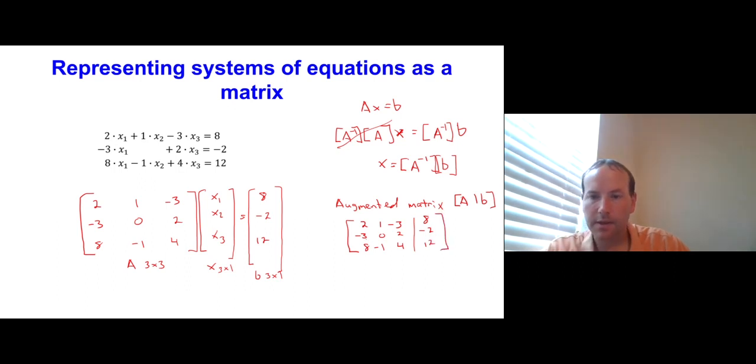Basically, this notation will help us do some of the math a little bit easier in a subsequent lecture. But overall, we went from equations to a matrix representation. This shows the equation for how to solve for that x if you know how to calculate the inverse and you can multiply matrices.